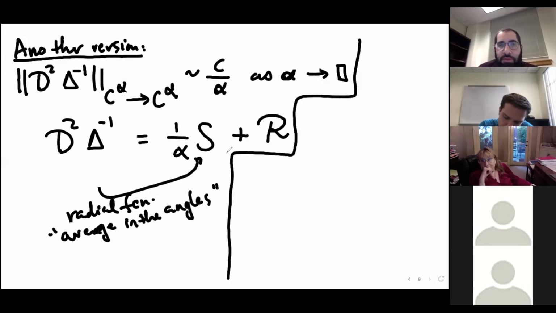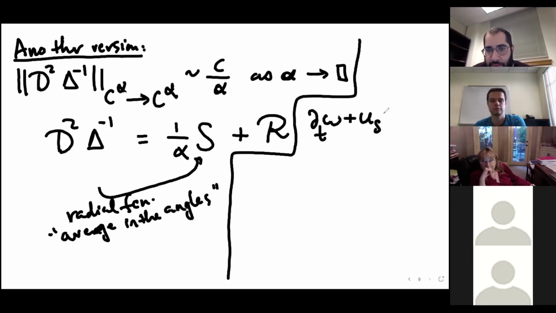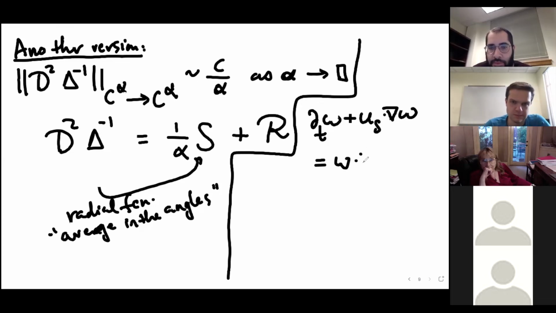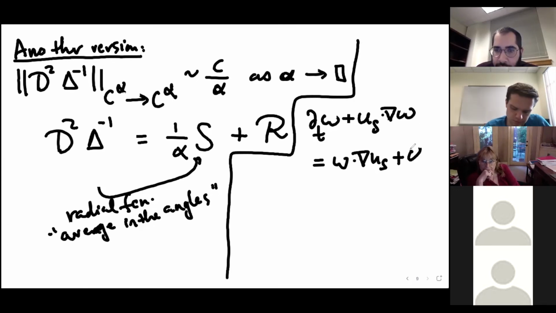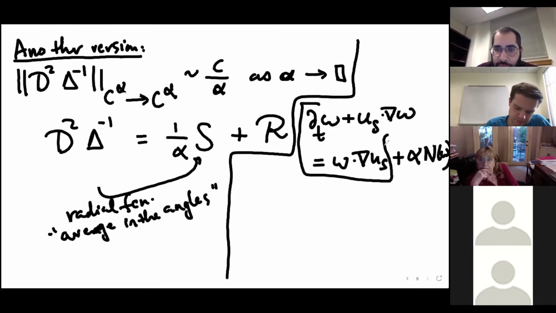So if you use this, then you can rewrite the vorticity equation in the following form, once you do a change in time. So this is a much simpler equation to analyze.